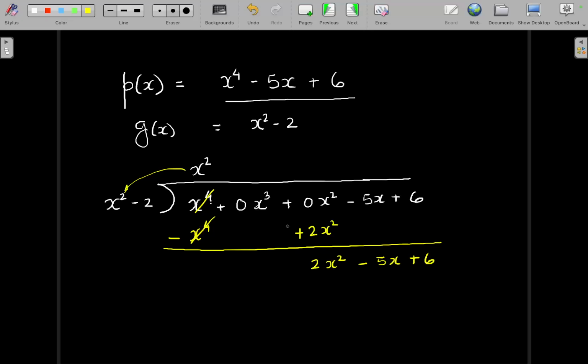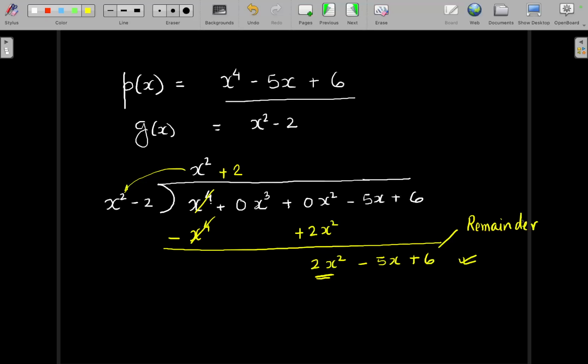Now I continue with the division. Now this time I want 2x square, so I shall multiply by 2. Now I just want to highlight that this will not count as the remainder, because if this has to count as the remainder, then the degree has to be strictly less than the divisor.